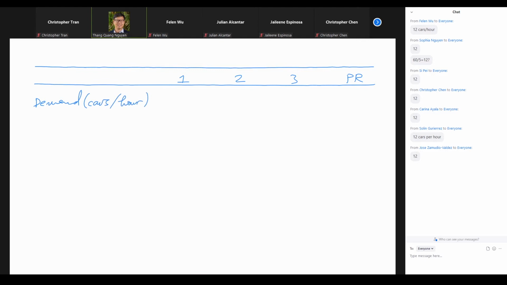So we say here the demand is 25, 25, and 25. Now we should determine the flow rate, right? In terms of how many cars an hour.